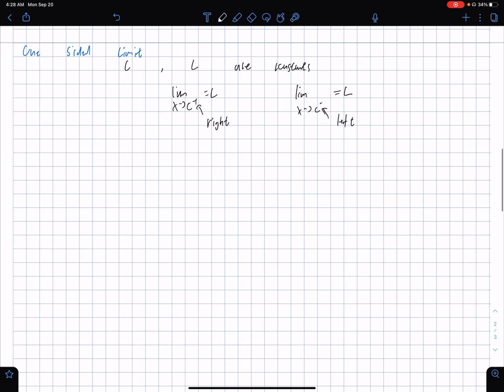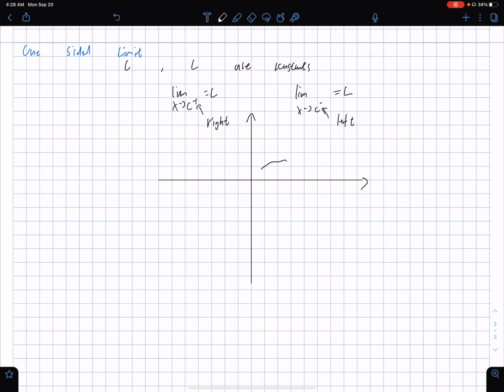So here we can see it on a graph. This would mean that you're approaching from the left, so we would get an L value of here, but this means we're approaching from the right, so down here we will get an L value of this.